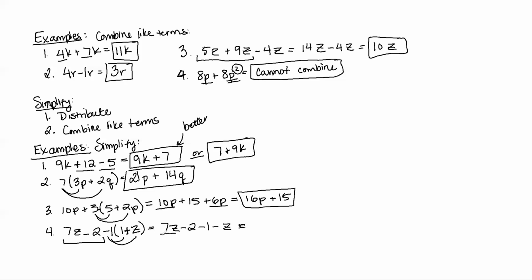We have a 7z and a negative z. Remember, that's a negative 1z. So 7 minus 1 is 6z. And negative 2 minus 1 is going to give us negative 3. So remember from 1.4, 1.5, they're both negative numbers. You add them and keep the negative.